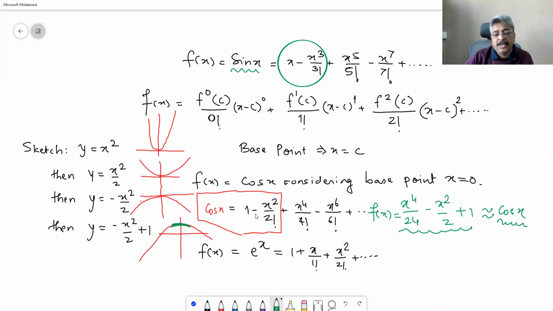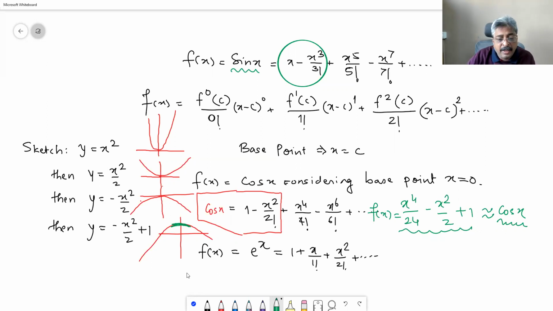I am demonstrating that in the neighborhood of 0, the behavior of the polynomial negative x square by 2 plus 1 and the behavior of cos x is similar. That is the idea of asking you to sketch the curves. It will be similar for e raised to x also.